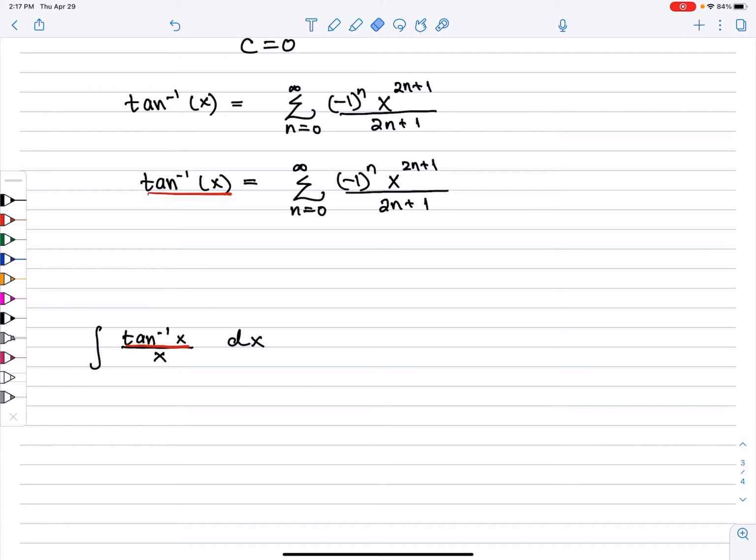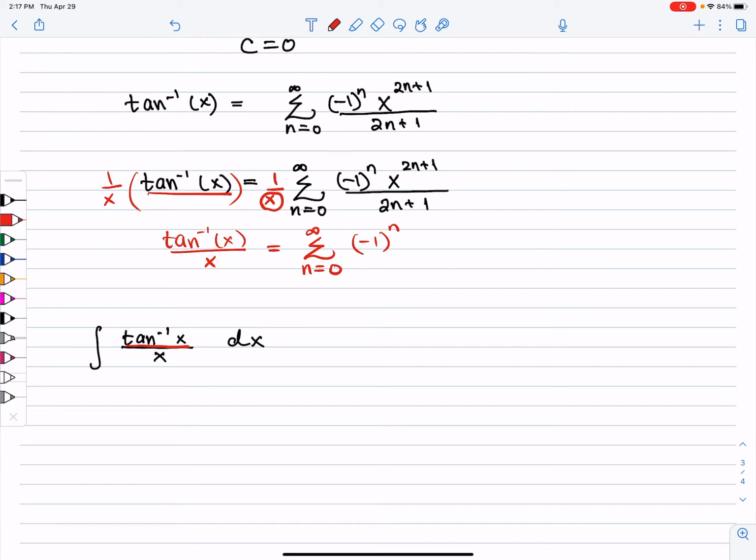So if we multiply this tangent inverse times 1 over x, then we can say tangent inverse of x over x is equal to sigma, as n goes from 0 to infinity, negative 1 to the nth power. Okay. Let's talk about this x over here.